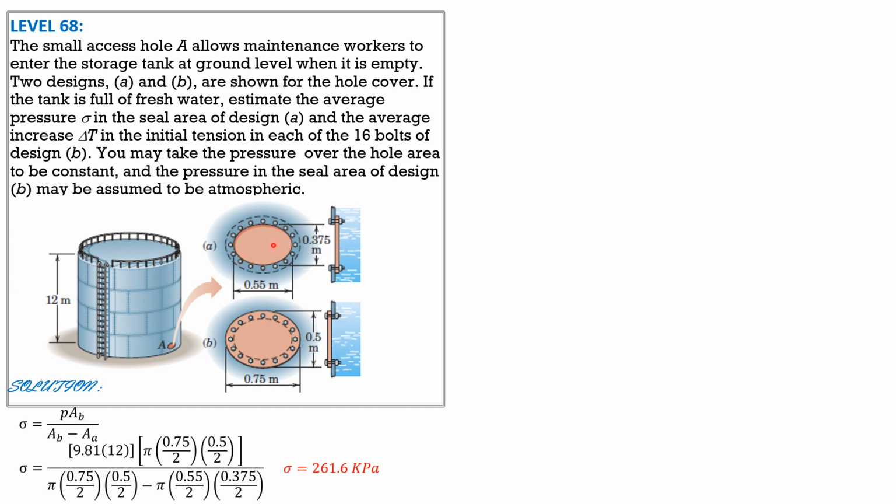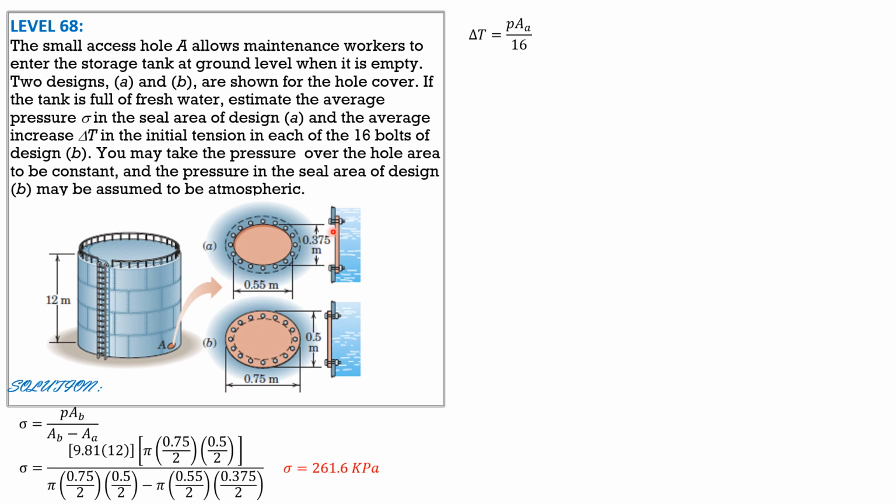So the average increase delta T in the initial tension in each of the 16 bolts of design B would be the force in A, which is pressure, 9.81 times 12, times area of A, then divided by 16 bolts. So delta T equals pressure times area A over 16 bolts.